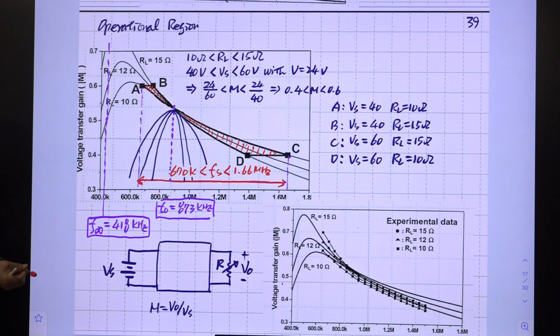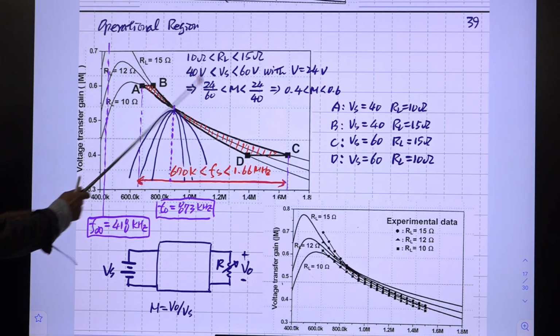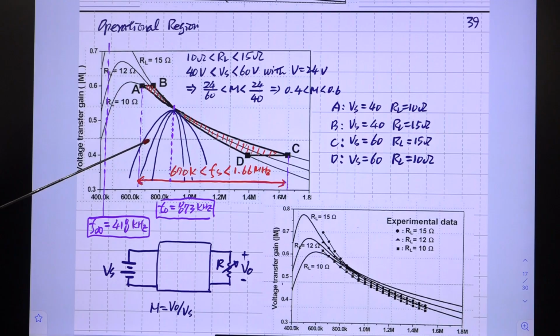So for the operation region, we should select this curve and another curve. This vertical distance takes care of this range, and this horizontal distance takes care of this variation. So with this condition, let me draw a horizontal line, one here, another one here.